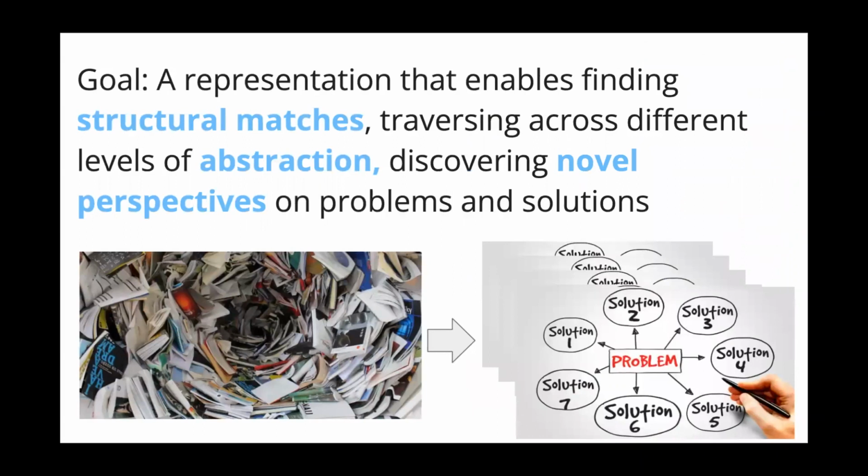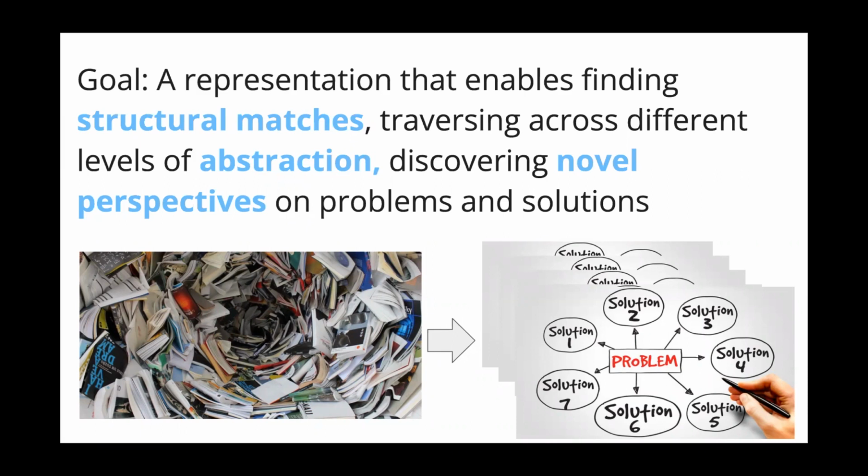In order to support creative innovation interactions, we need to go beyond our standard representation of ideas in the form of unstructured textual descriptions and move toward a structure that enables automatically finding interesting matches between technologies and distant domains, traversing multiple levels of abstraction around a focal problem, breaking out of fixation on the details of a specific problem by exploring the design space and viewing novel perspectives on problems and solutions.